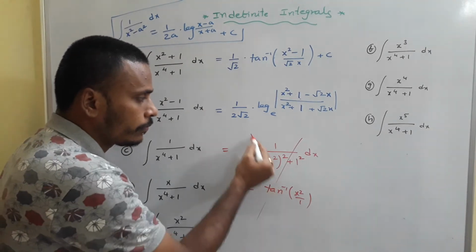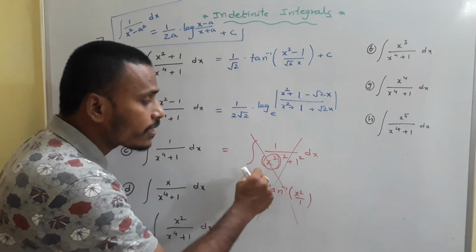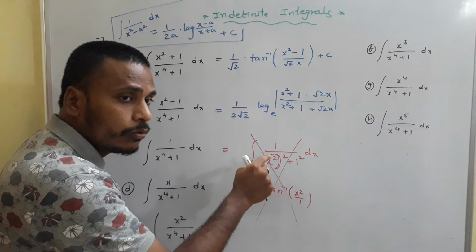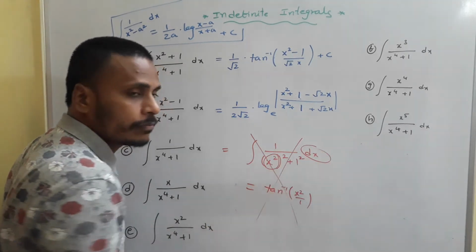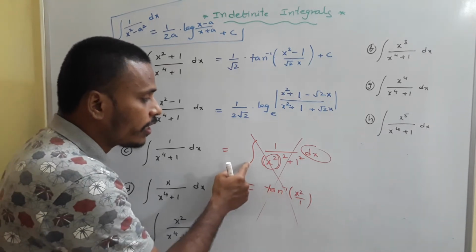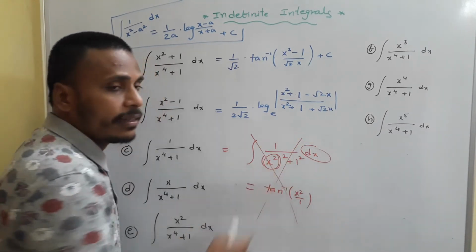Why is it not correct? If you treat this x square as t, its derivative 2x dx must be there here. If you are differentiating in terms of x square, a derivative of x square should be there, but it is not involved.